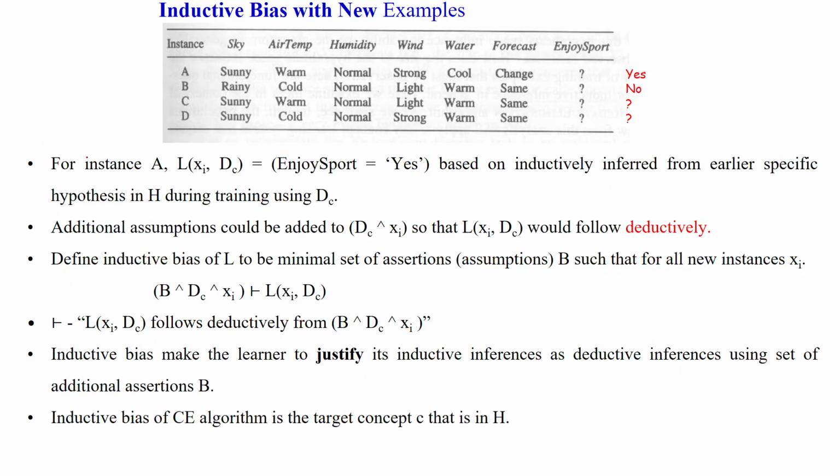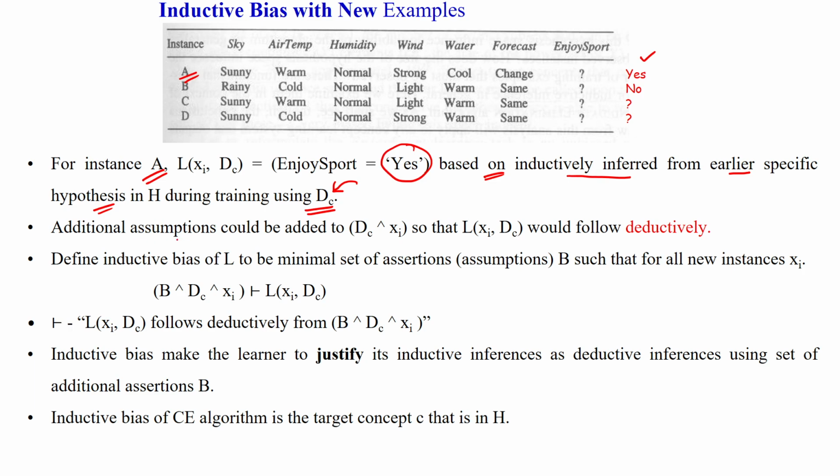Now we will see an example. The instance A has the target concept yes, which is predicted based upon what is inductively inferred from the earlier specific hypothesis learned during the training phase from the data set D. So this indicates the earlier learned knowledge during the training phase.